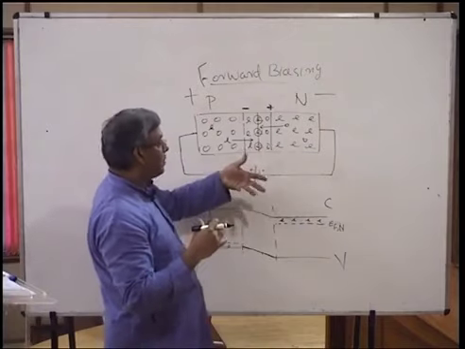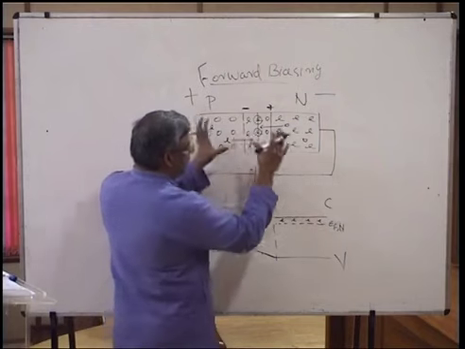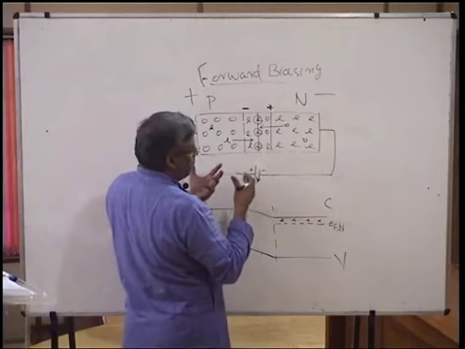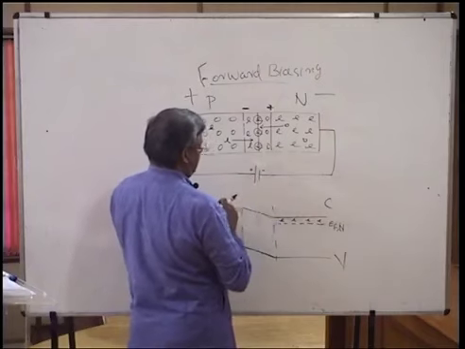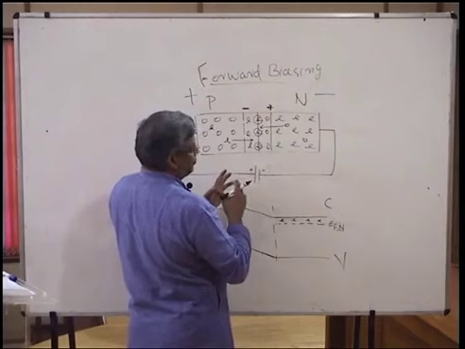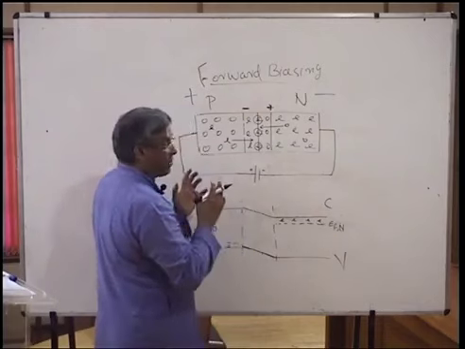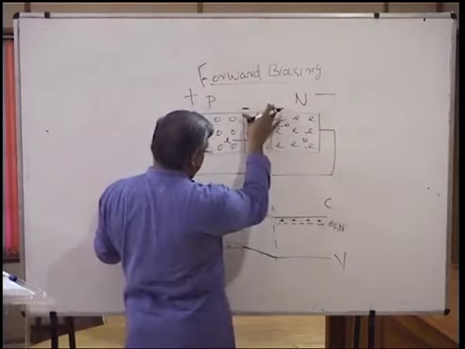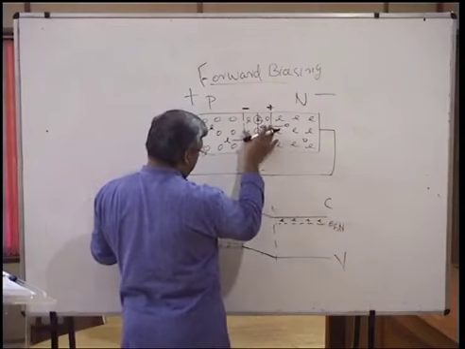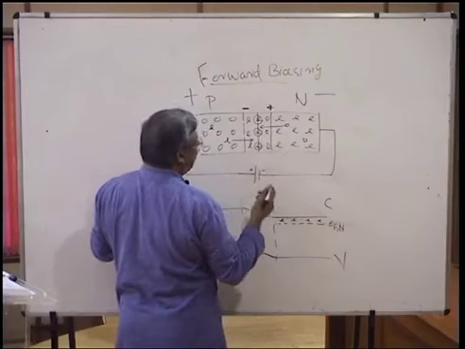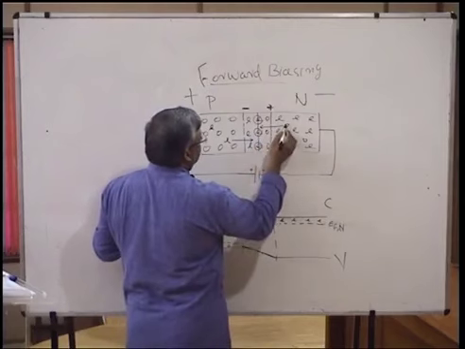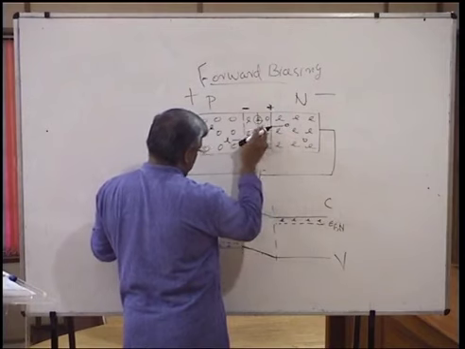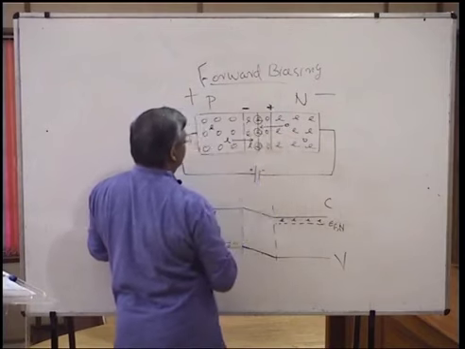You have already seen another concept, diffusion, which is purely dependent on the concentration gradient. Now, drift depends not on the concentration gradient, but rather on the electric potential, electric gradient, or electric field. Now, we know there is an internal electrical potential, internal electrical barrier, or internal electrical field gradient, whatever name you call it, which will act upon the holes and drift these holes towards this depletion layer.